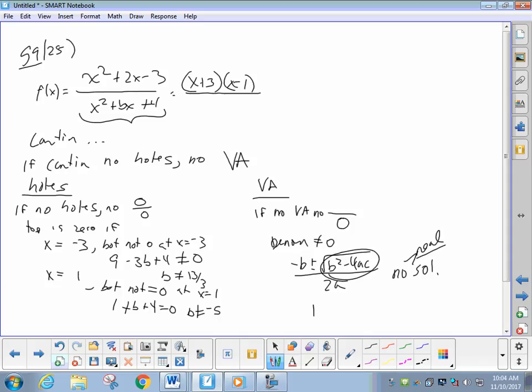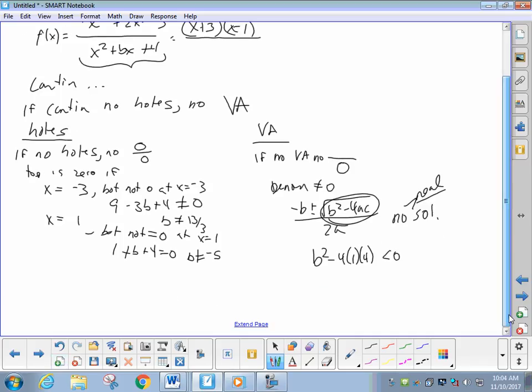Okay, so this is going to not have zeros if b squared minus 4 times 1 times 4 is negative, which implies b squared is less than 16. Now that would mean b is less than 4 on the positive side, and what about on the negative side? Greater than -4. Another way to write that, besides b is between -4 and 4, with absolute value, that means the absolute value of b is less than 4.